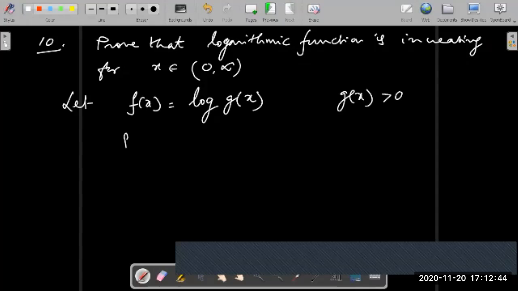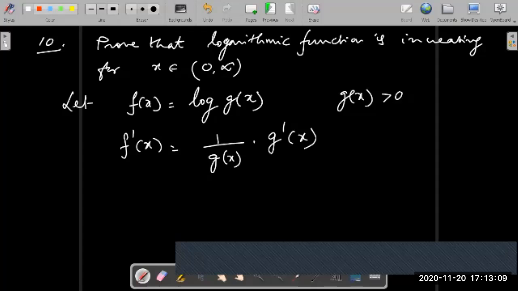Now what we will do, f dash x equals 1 by g of x, and by the chain rule, the differentiation of g of x is g dash x. So we have f dash x is g dash x by g of x. So now we'll have to apply the conditions on x.